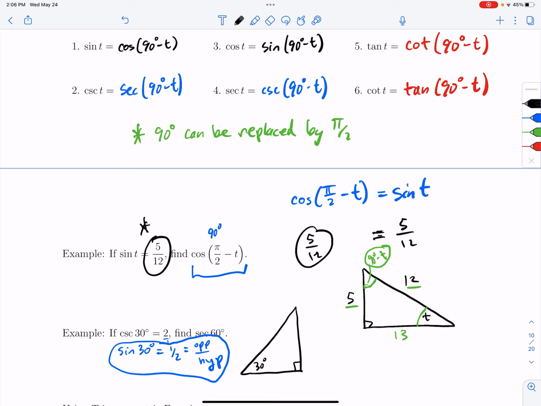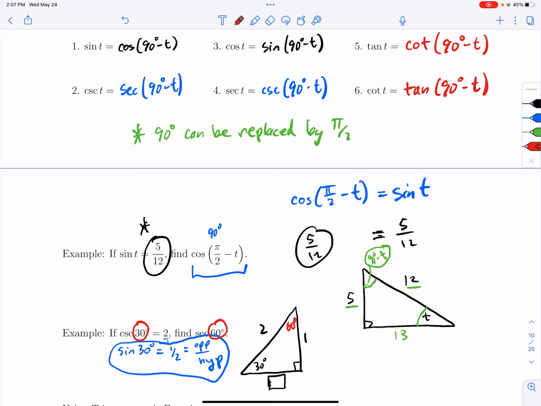Well, I know that sine is opposite over hypotenuse, so I could use the Pythagorean theorem, find this missing side down here, and then I could go that route. The other option is, well, notice that 30 degrees and 60 degrees add up to 90. Those are cofunctions. So that is 60 degrees up here.